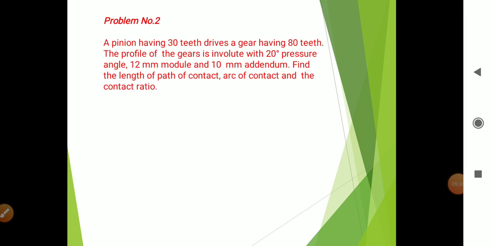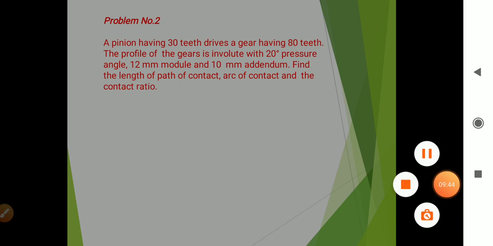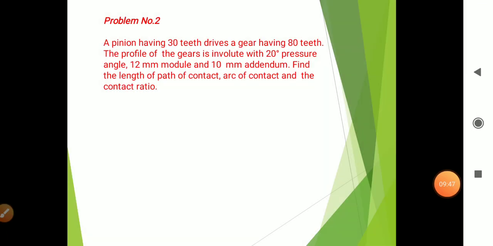Now we are going to see the next problem, problem number 2. The problem statement is that a pinion having 30 teeth drives a gear having 80 teeth. So the pinion has 30 teeth and the driven gear, that is the wheel, has 80 teeth.